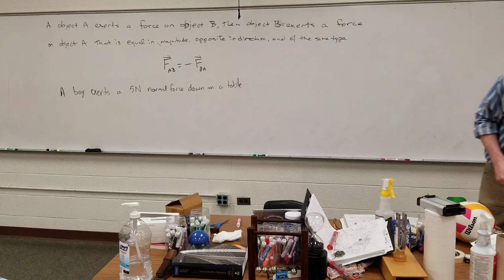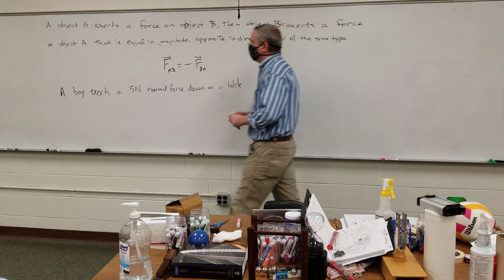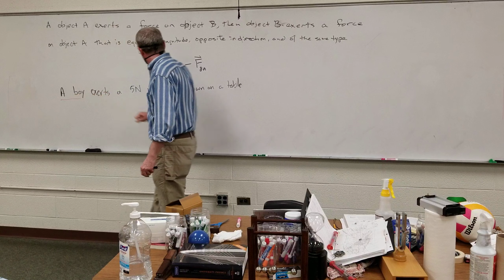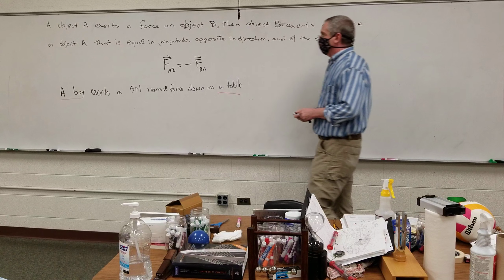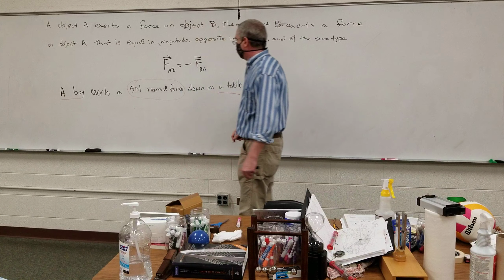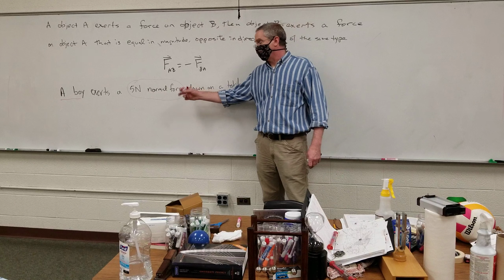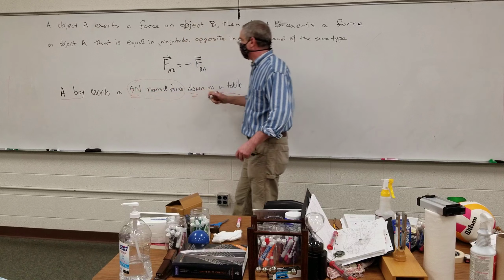So, just imagine he has his hand on it. Whenever we're dealing with forces, it requires two objects and the actual force itself. So let's think about the two objects involved. We have a boy and we have a table. We have the details of the force right here. We have a direction, because force is a vector, so we have a magnitude and a direction.